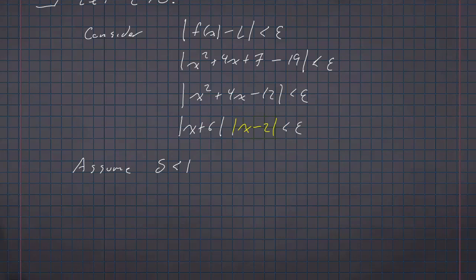So worst case scenario, we could pick delta equals 1, but we're probably safe in assuming that delta is going to end up smaller than that. Because if epsilon is a very small number, delta is usually a smaller number. Sometimes a slightly larger number, but something in that regard.